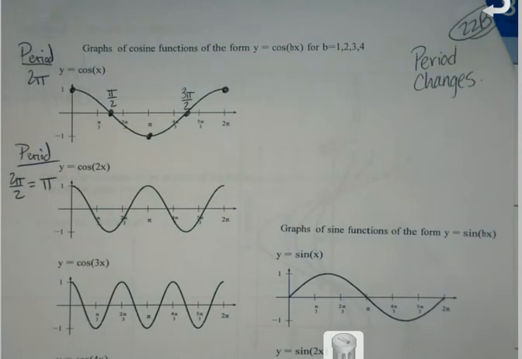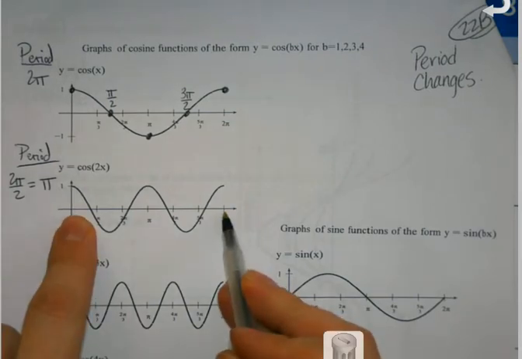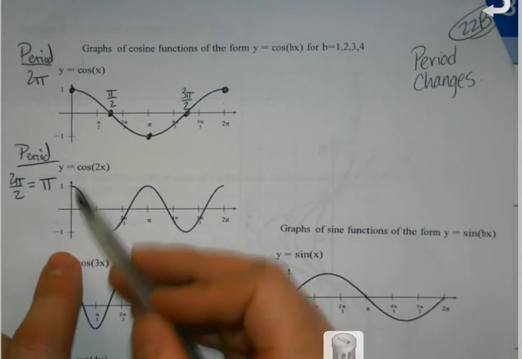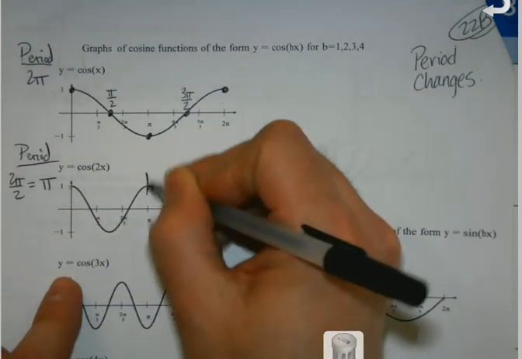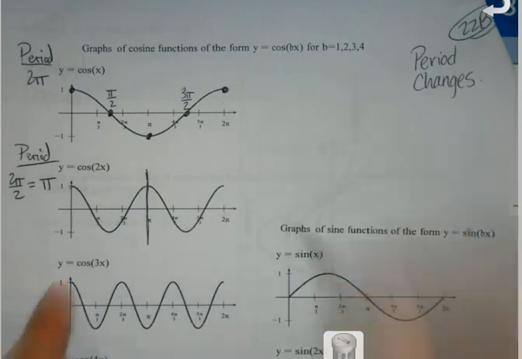What happens then is it squishes my graph horizontally, because you'll notice over the exact same period, 0 to 2 pi, I get not just 1, but 2 complete cycles.